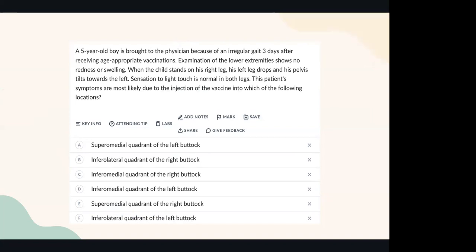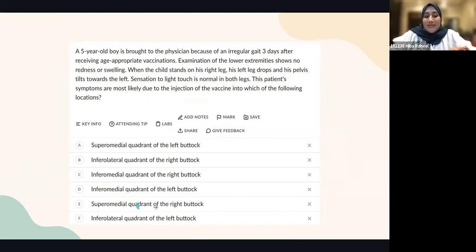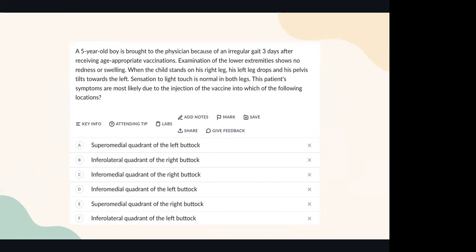Okay? So it's the inferior lateral quadrant of the right buttock, because the right buttock is basically paralyzed. No, it's the superior medial quadrant of the right buttock, not inferior lateral. Superior. Remember, you told me upper outer, right? Yeah. Upper, superior, and when you said outer, you're using the word outer, but this question states the word medial. Wait, is this question asking us why this is paralyzed?